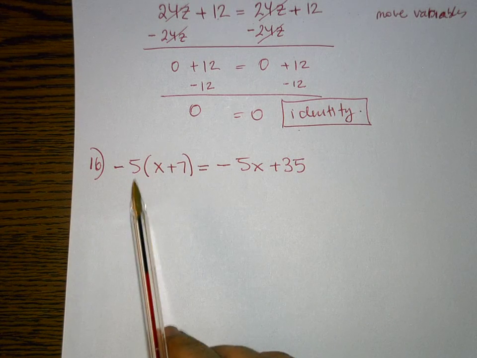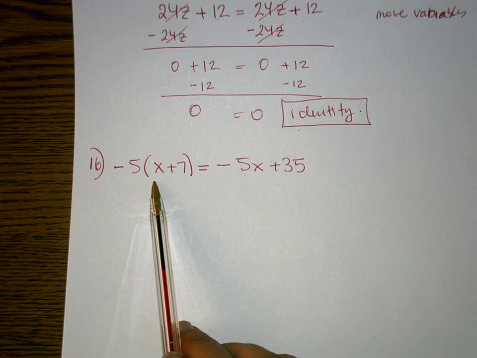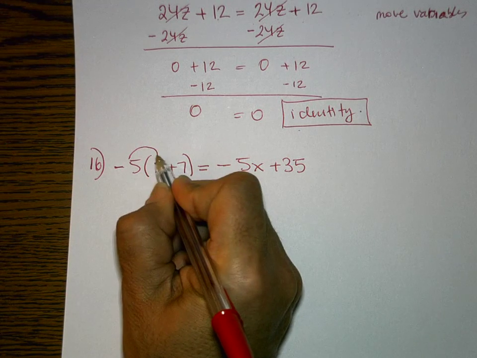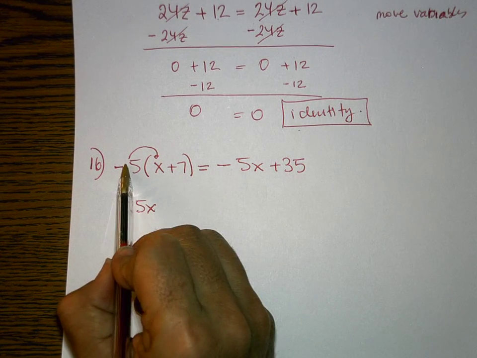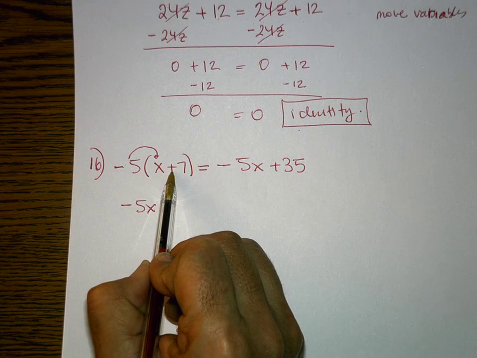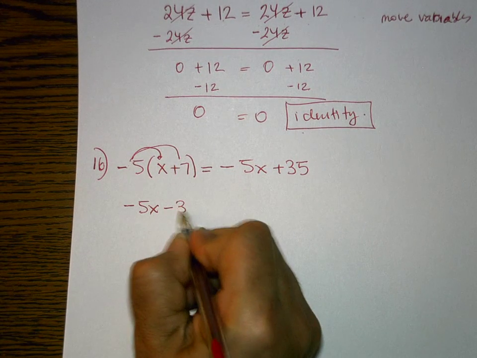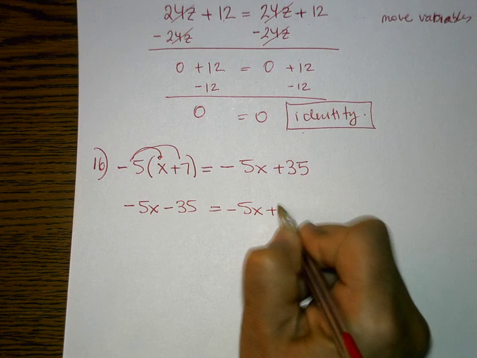I see a multiplier times a parenthesis, so we are going to use the distributive property. Negative 5 times x is negative 5x. Negative 5 times a positive 7, negative times positive, is negative 35. And that equals negative 5x plus 35.